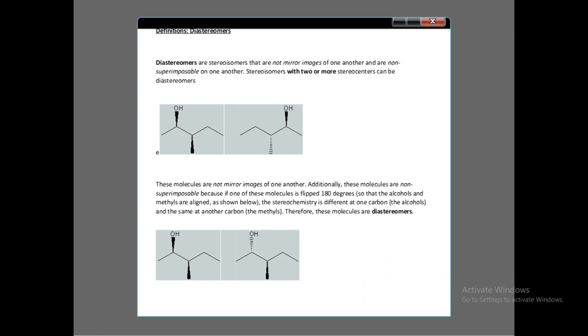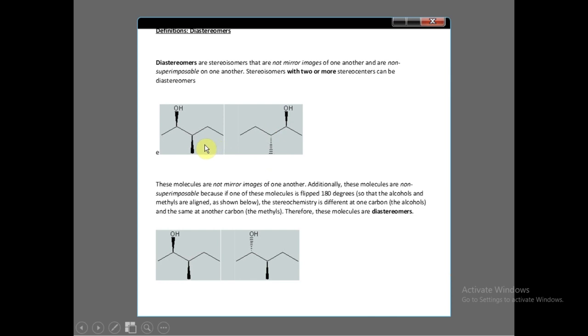So this is the object, but this is not its image. If it were the image, this should be bold or wedge, but in this case the structure has CH3 on the other side.